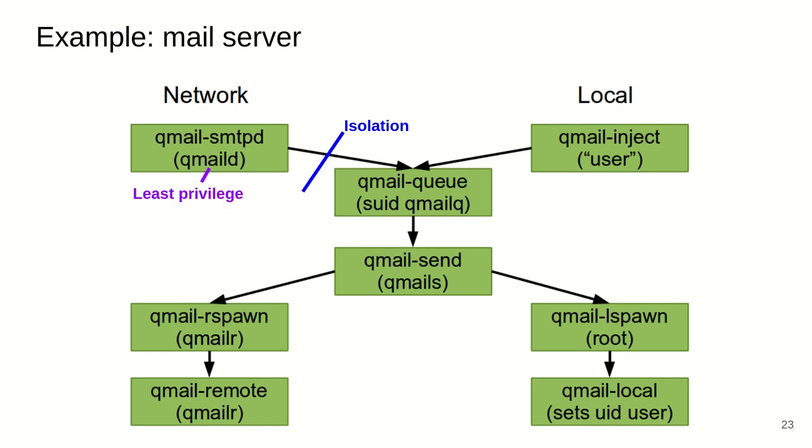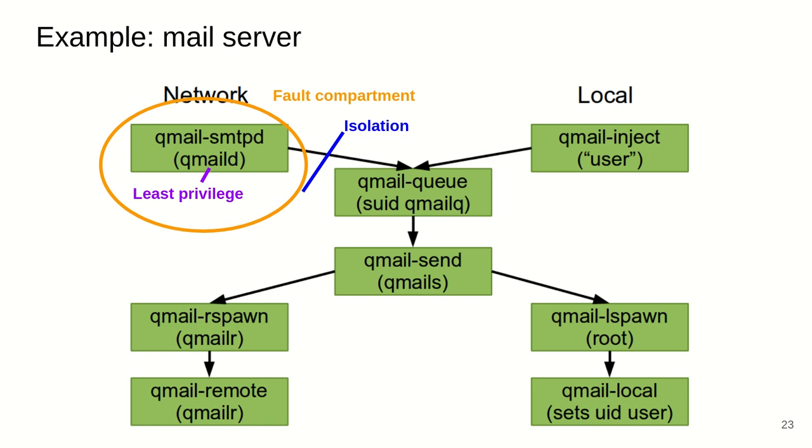There's least amount of privileges for a given process, right? So it runs as an isolated user and is restricted in what it can actually access. Here qmaild can only access the network and is only allowed to call qmail-queue with a pipe, but is not allowed to access the local file system.